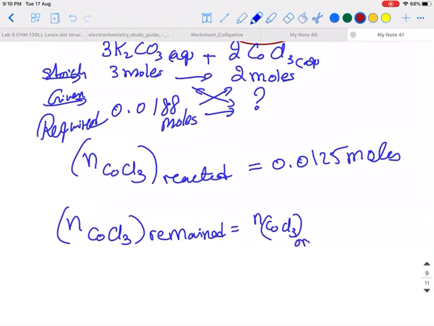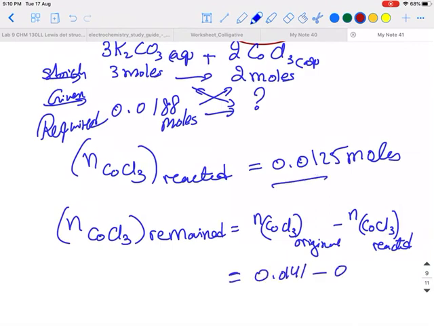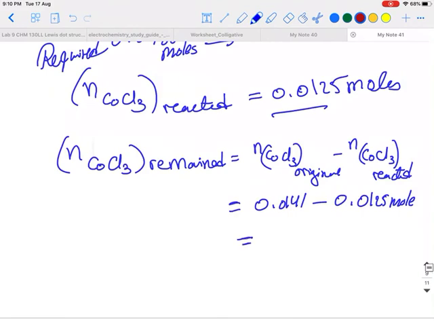This is the one of my interest, which is the number of moles of cobalt chloride original minus the number of moles of cobalt chloride reacted. The original, we found it already at the beginning, 0.0141. The reacted, now we found it, 0.0125 moles. So the answer will be 1.6 times 10 negative 3.